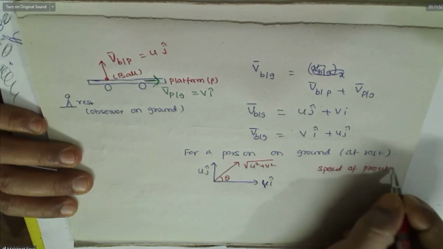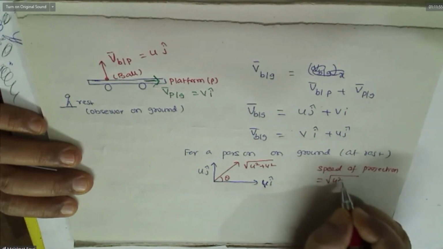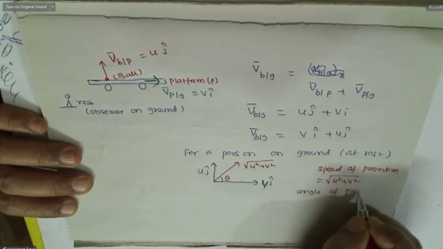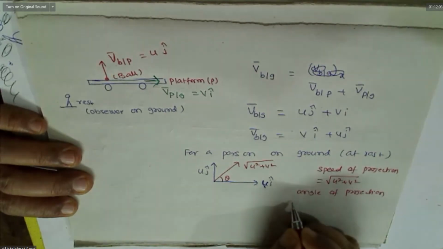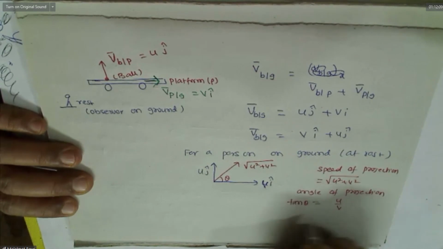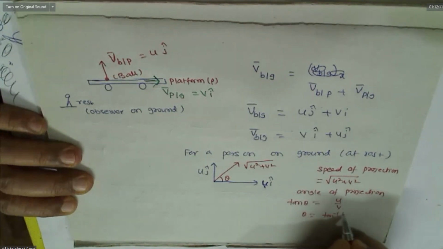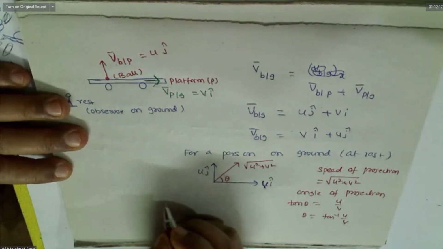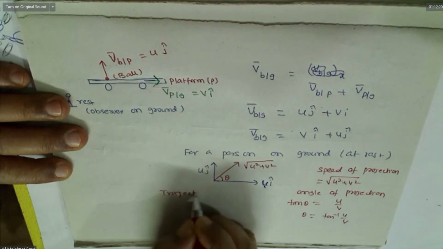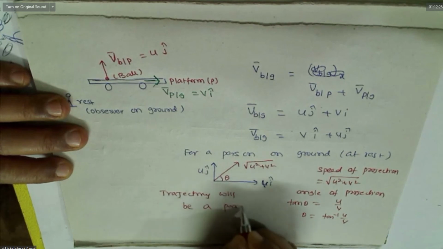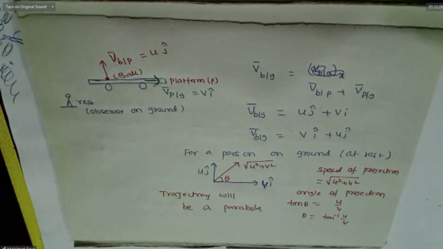That's why we should know relative velocity, no? Okay, followed. So the trajectory will be what? A parabola, no? Agreed?